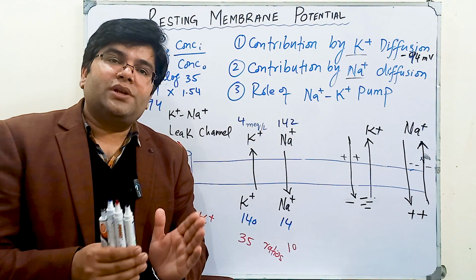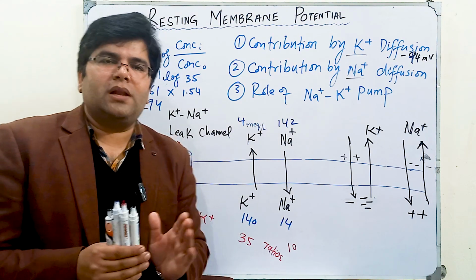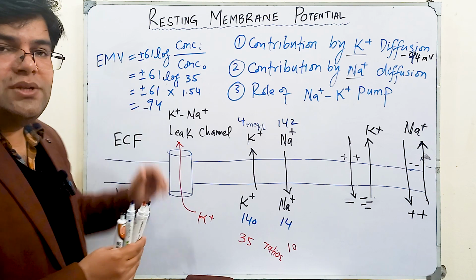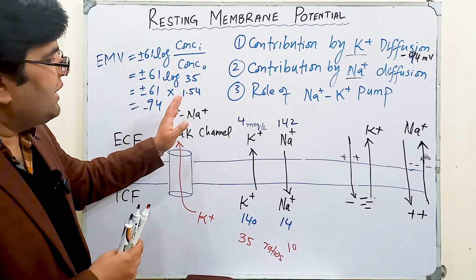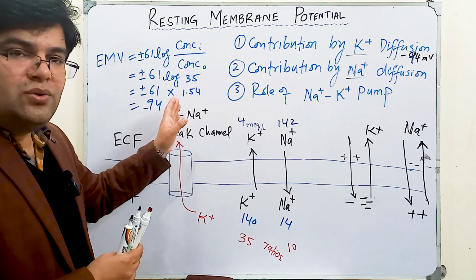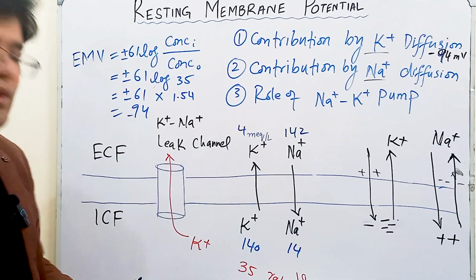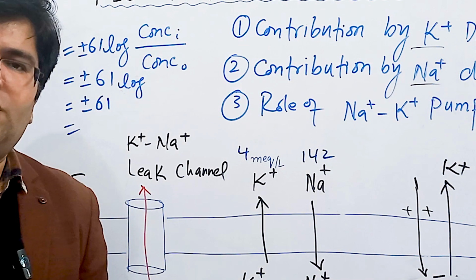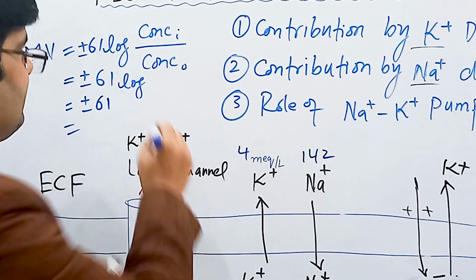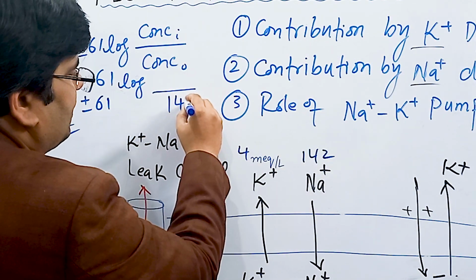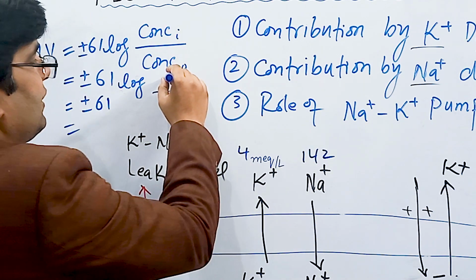The value of Nernst potential for sodium can also be calculated by using the same Nernst equation. Here we just have to change the values. First we put the values of potassium, here we have just placed the values for sodium. The concentration of sodium outside is 140 or 142 and inside is 14.